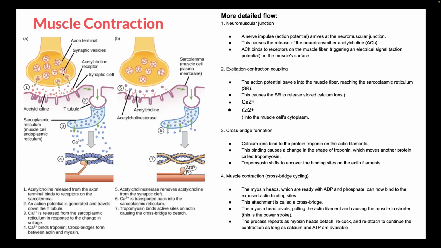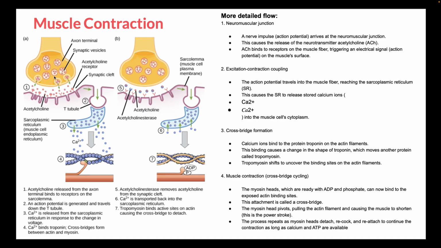This is your axon terminal. The brain transmits a nerve impulse through the axon to the axon terminal. The axon terminal contains synaptic vesicles. These synaptic vesicles contain acetylcholine, which is a neurotransmitter that carries messages from the brain.